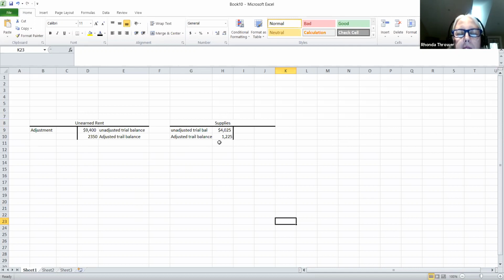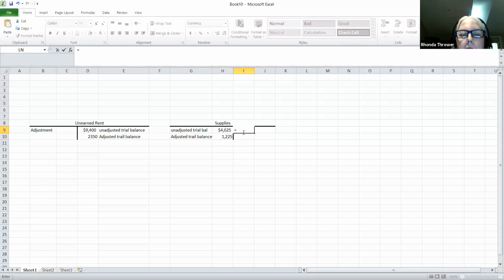They told us that the supplies on hand, which is the adjusted trial balance amount, was 1,225. So what we have to determine is how much of our supplies account went down. We need to reduce our supplies account to show the difference between the unadjusted amount and the ending balance.